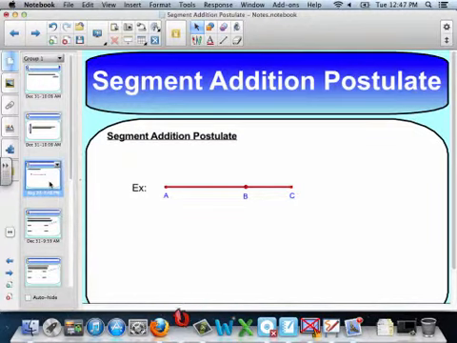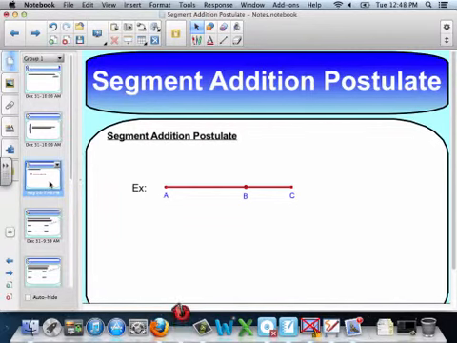So if I look at point B, the placement of point B divides my segment into how many parts? 2 parts. Are they equal? No. They could be, but we don't know that for sure, so we say no, they're not equal. So it divides it into 2 parts. What are those 2 parts?